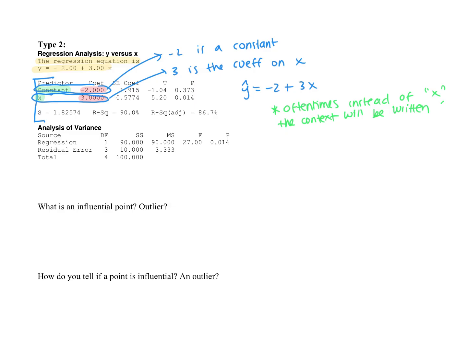And so then you know that the number would be the slope for the femur, the coefficient on the femur. So that is the other type you have to be able to read. This, you don't have to do any calculations, you just have to be able to pull the data right out.